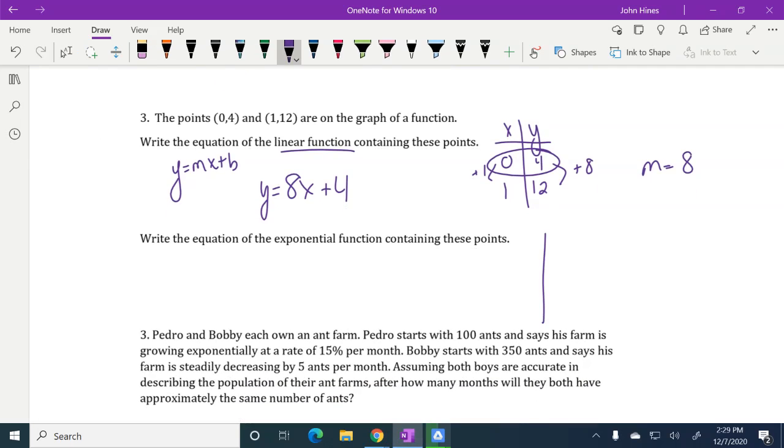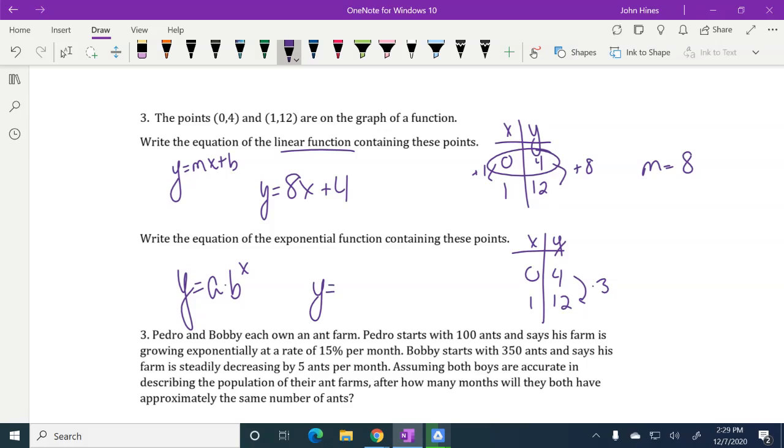But let's take that same table now and think about it in terms of a multiplicative relationship, in terms of multiplying, in terms of an exponential function. What's my multiplier here? Well, my multiplier is times 3. So this is the form of y equals ab to the x, right? Y equals the starting amount times the multiplier to the x, that repeated multiplier to the x power.